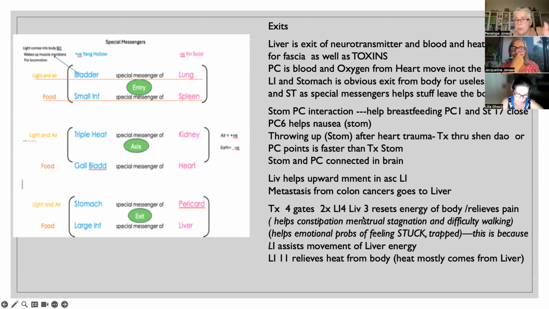They do all sorts of other things apart from treat the large intestine and the liver. So they're very powerful. I think they're called star points, something like that. Are you saying when you talk about resetting the energy of the body, there's a general reset?